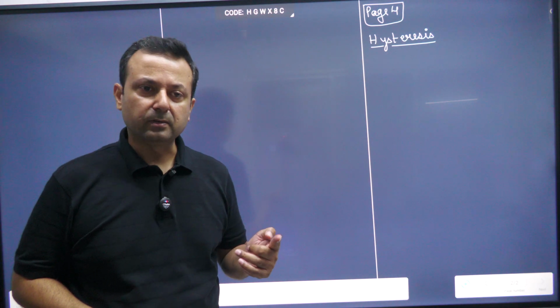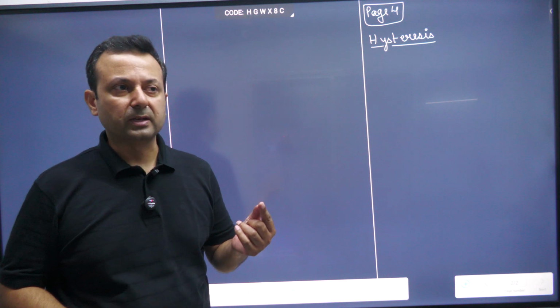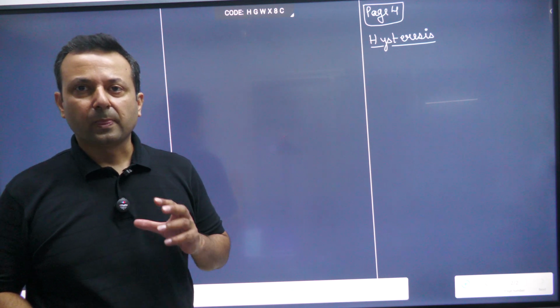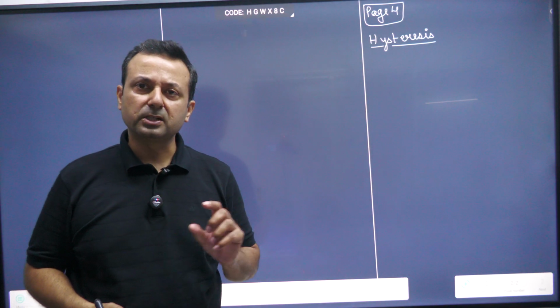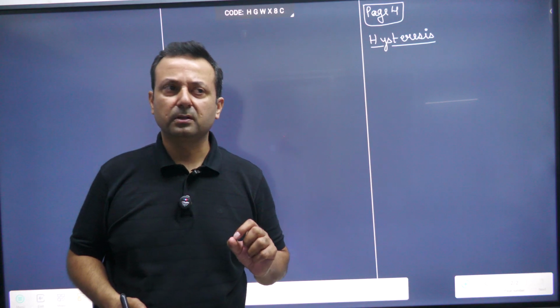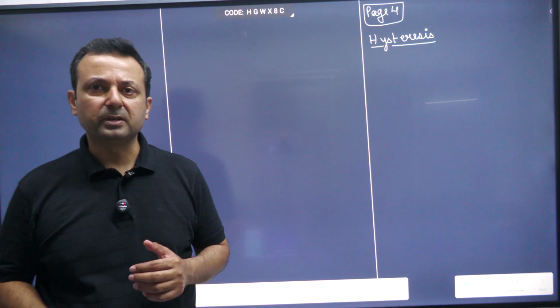One is diamagnetic, one is paramagnetic, and one is ferromagnetic. I will send you a sheet in which there is a comparison of these three materials also. That is a theoretical topic, and sometimes it can be asked in the examination.